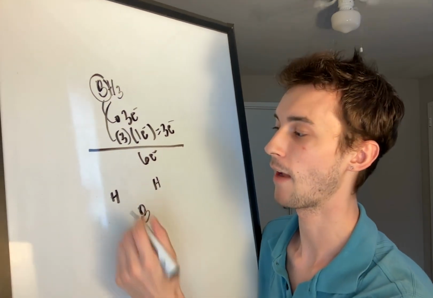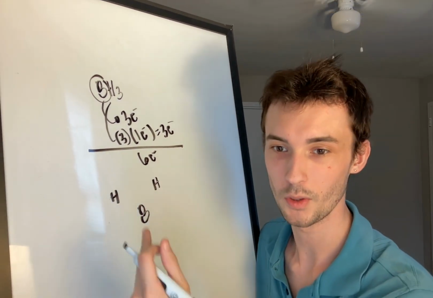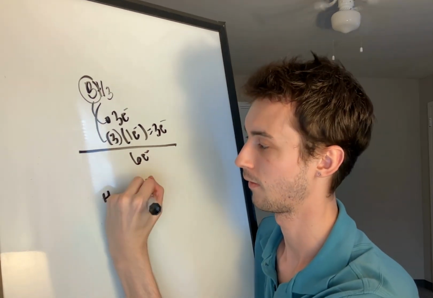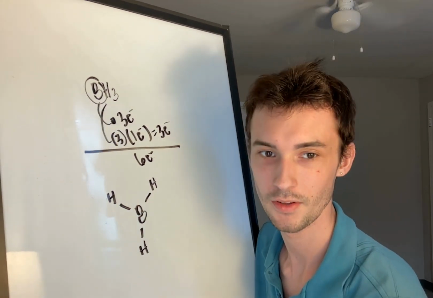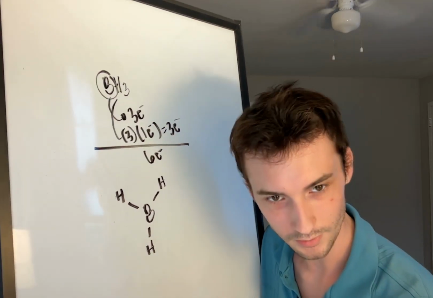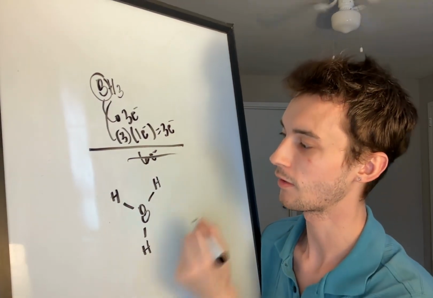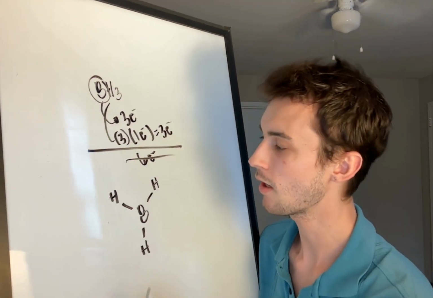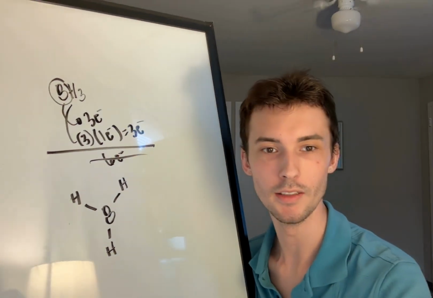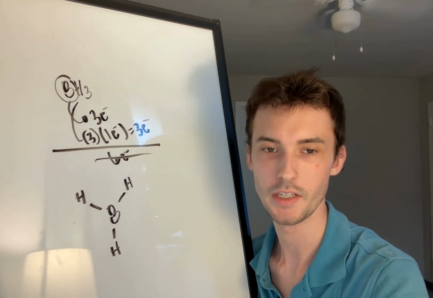So I need to join boron to 3 hydrogens, so I'm just going to put 3 bonds. Easy enough. 3 bonds, each one is 2 electrons. That's 6 electrons. We've used up our electrons. This is our structure. Okay, so what is a proper rotation axis?